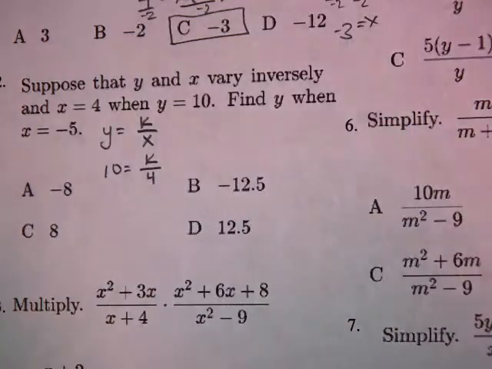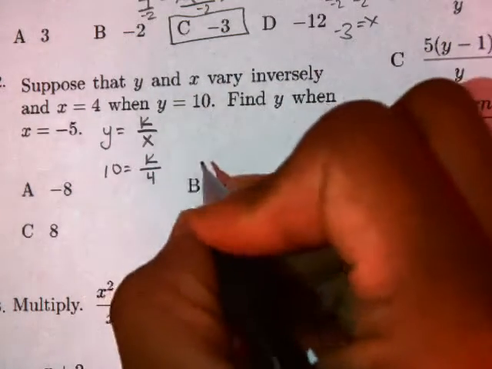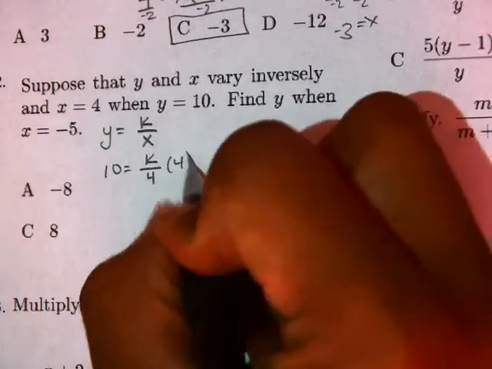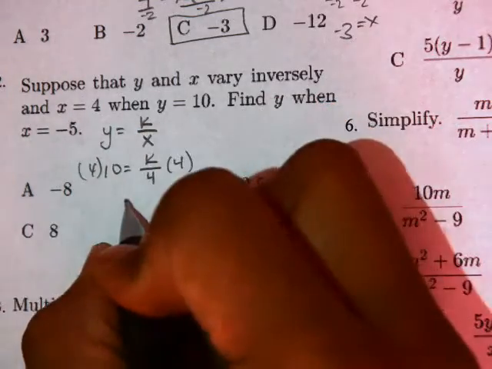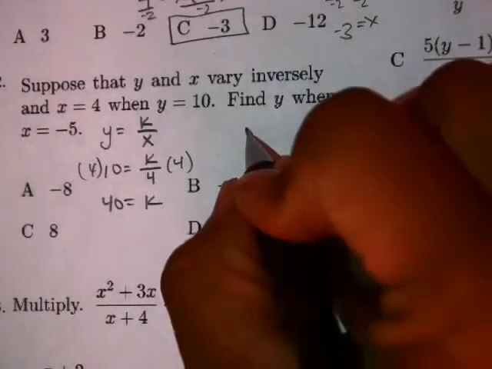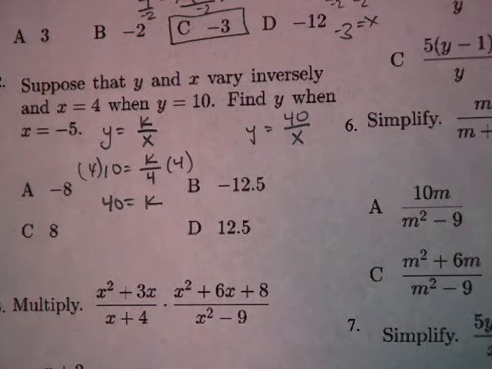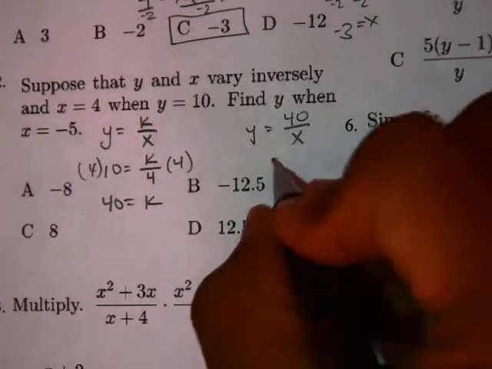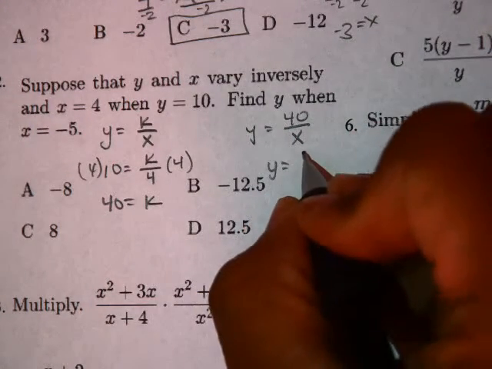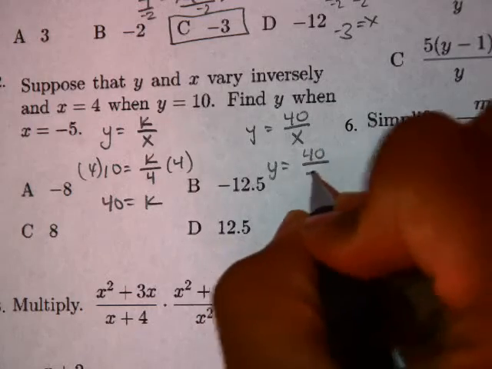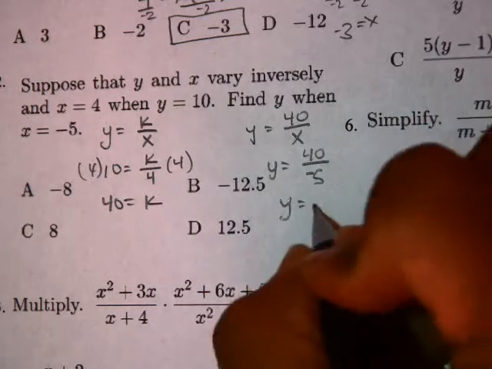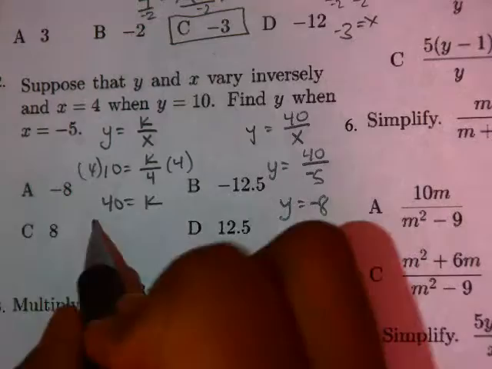I can use that to solve for k by multiplying both sides by 4, and that'll get me a k of 40. Once I have k, I can rewrite my function as y is equal to 40 over x, and I can find y when x is negative 5. So y is equal to 40 over negative 5. Your y is negative 8.